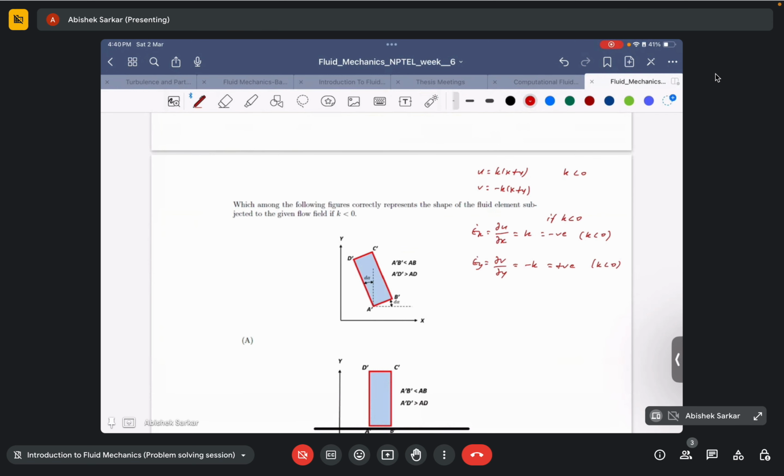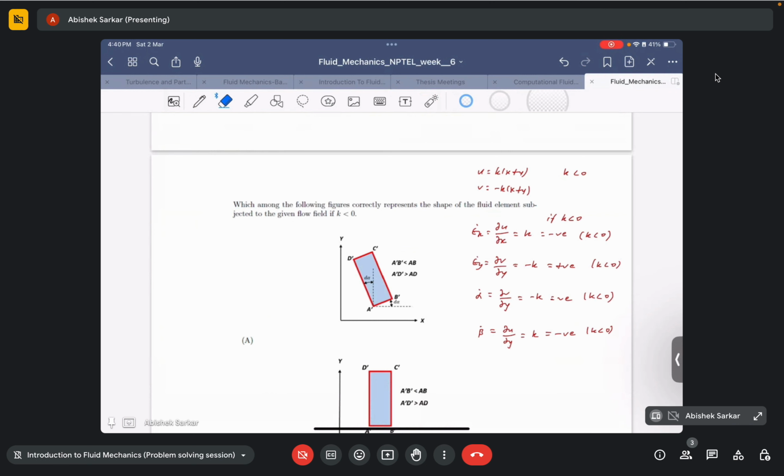Then alpha dot is dou v by dou x, which will again give us minus k, but again it will be positive if k is less than 0. Similarly, beta dot is equal to dou u by dou y, which would be equal to k, but which would be negative if k is less than 0.